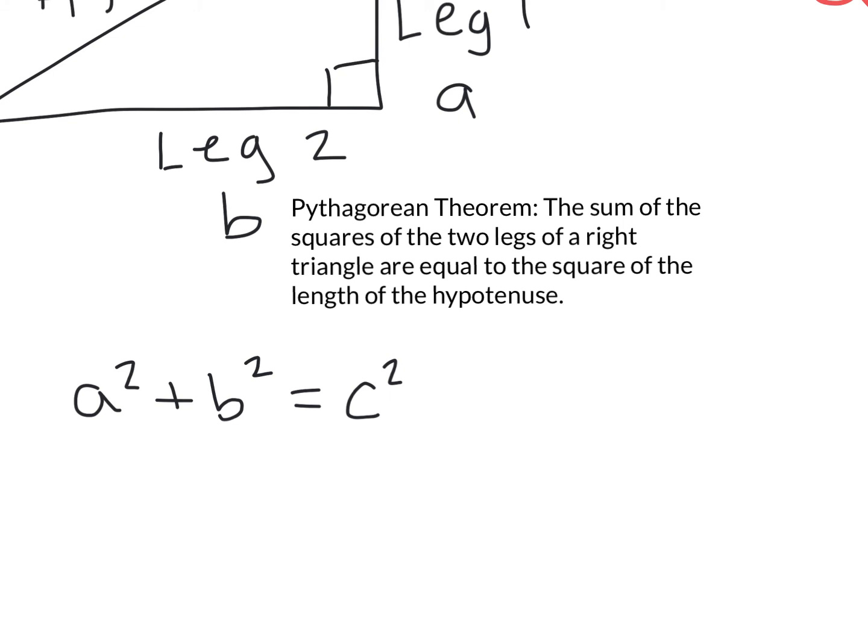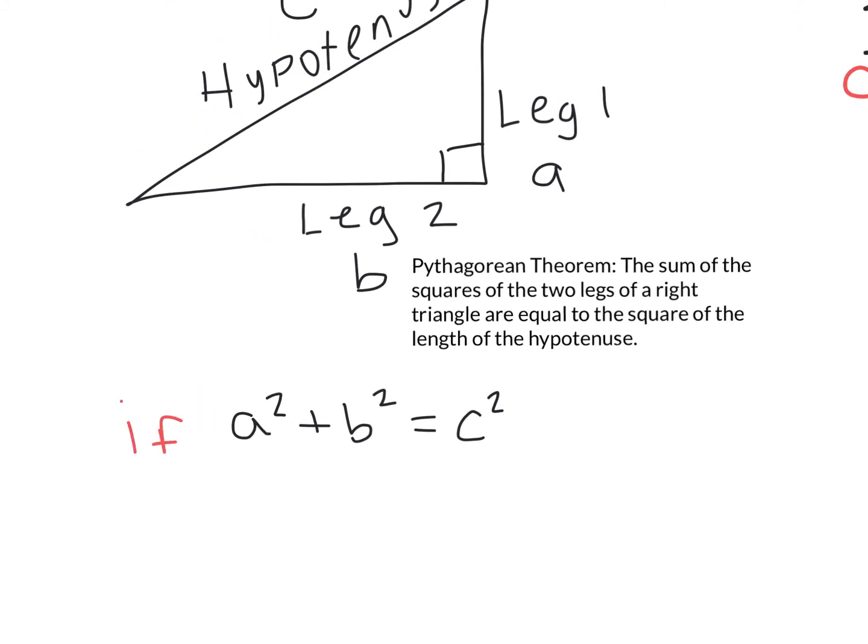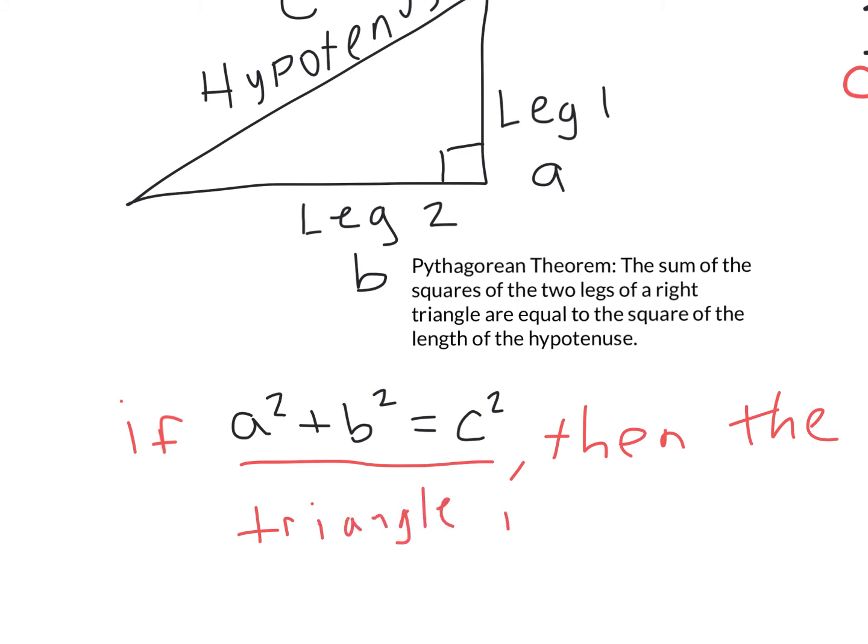And so we can say that if A squared plus B squared equals C squared, well then the triangle is a right triangle.